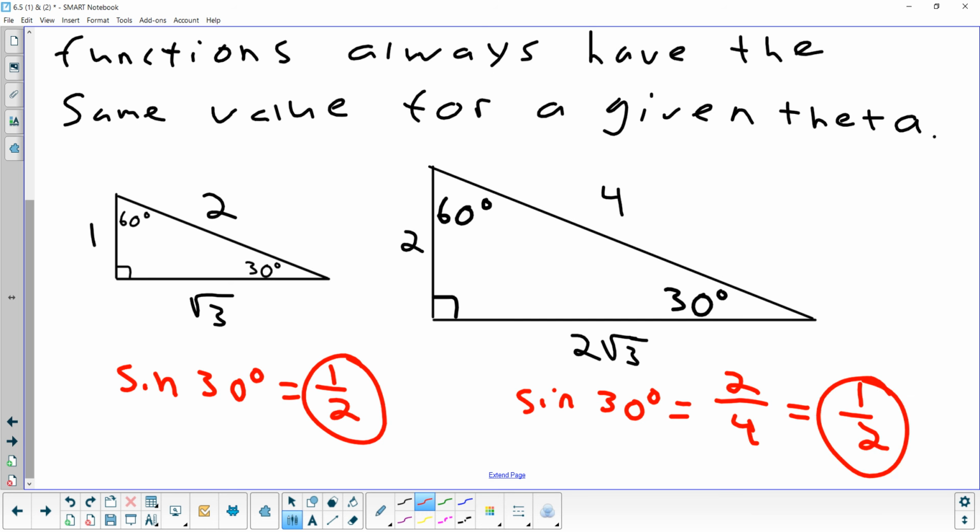So the point is, even though this is a bigger triangle, when you're finding a trig function of an angle, it has nothing to do with the scale of the triangle. Big, small, doesn't matter.